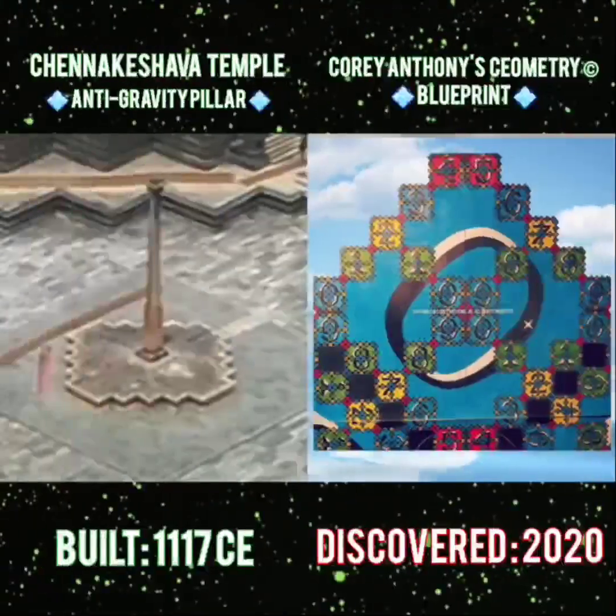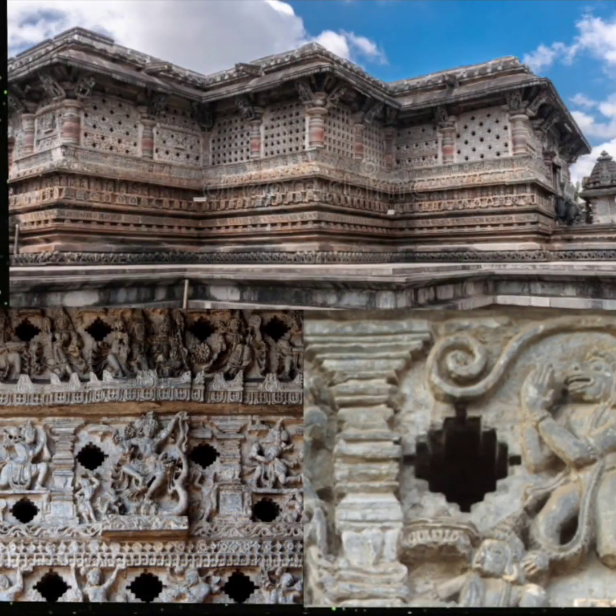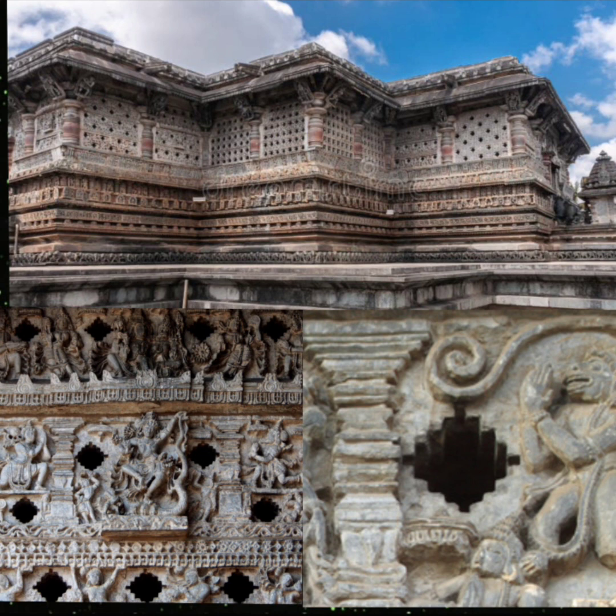Now, as far as the Chennakeshava temple, which is also a temple located in India, just like the Modhera Sun temple, the Chennakeshava temple, which I'm focusing on here, has architecture with something like wallpapering or windowing done on the outside.